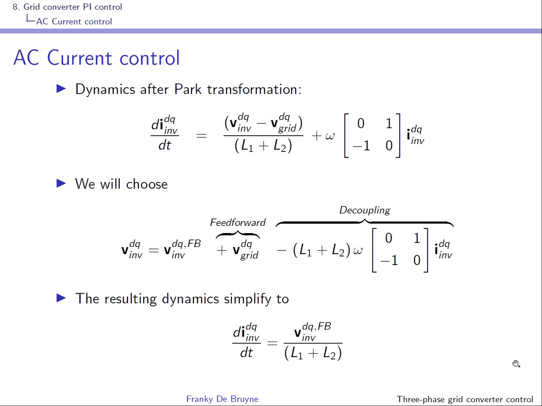Okay, let's have a look at the AC current control. Remember that we work with a Park transform and that the dynamics are going to be affected. What you see over here is the equation that you expect. This is the relation between current and voltage when you have an inductor, and this is the dynamics that you expect.